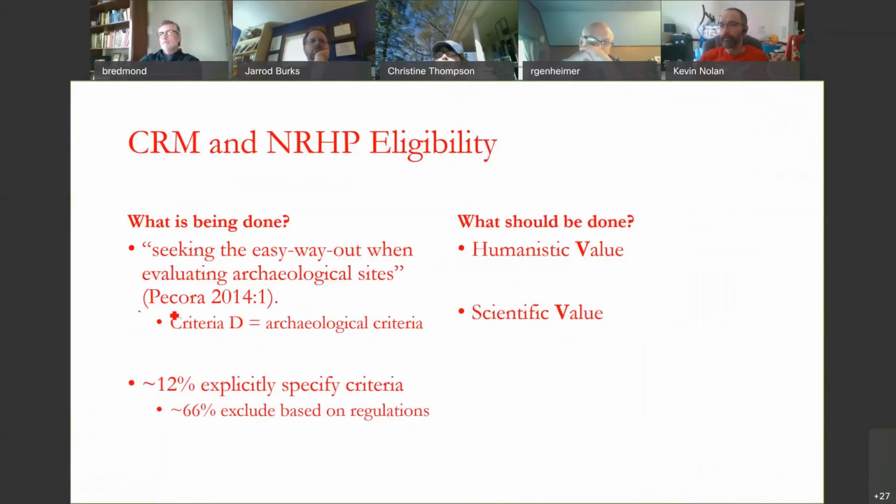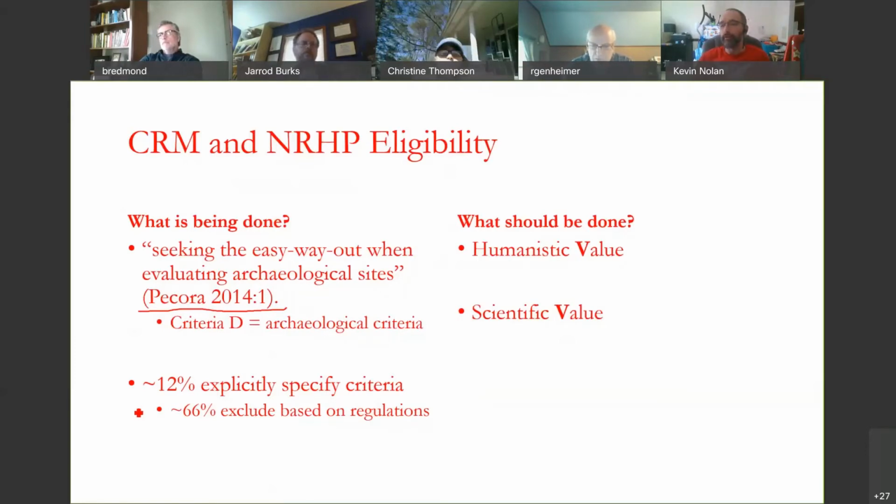So this paper here was a presentation that was in that 2014 roundtable, and it kind of summarizes a lot of the other discussions on eligibility in CRM, and it's defaulting to that archaeology criterion, taking the easy way out, that if it's an interesting site, you say, oh, well, there's information potential, without justifying what information is.